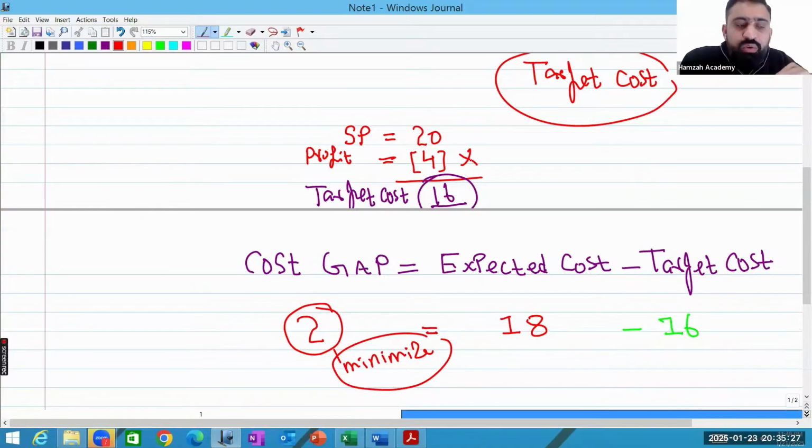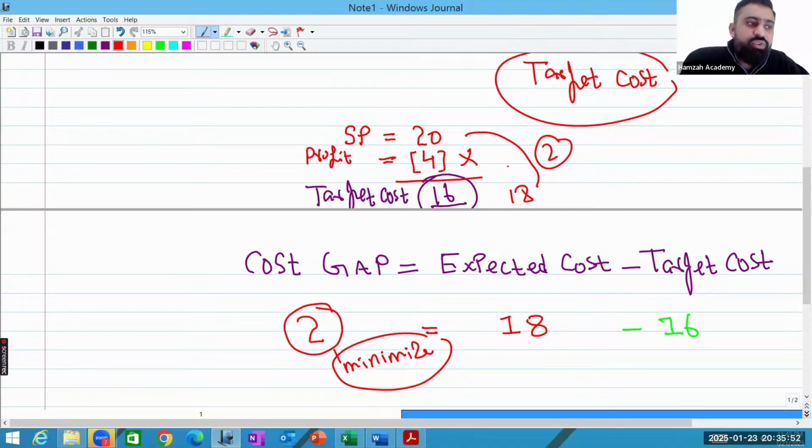Because to earn the required profit, you have to manufacture your product or provide the service at the cost of $16, because you cannot increase the sales price. So if your cost is 18, then your profit will be $2, not $4, and you would not be able to earn your target profit.